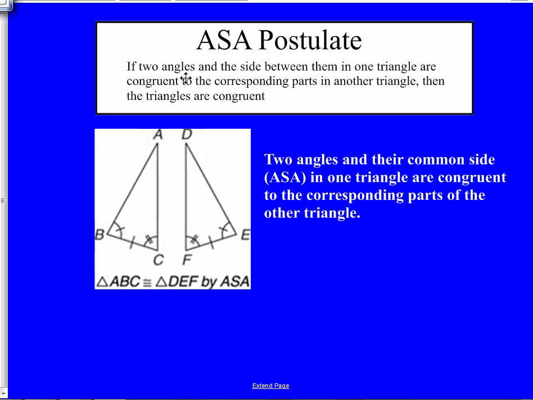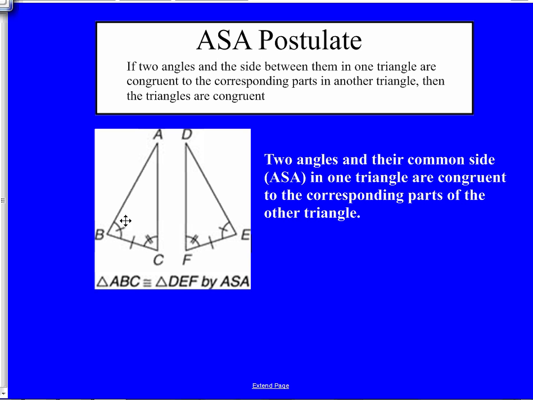So it states if two angles and the side between them in one triangle are congruent to the corresponding parts in another triangle, then the triangles are congruent. All right, so for example, you see here we have angle B and angle C, and the side that those two angles share is line BC.